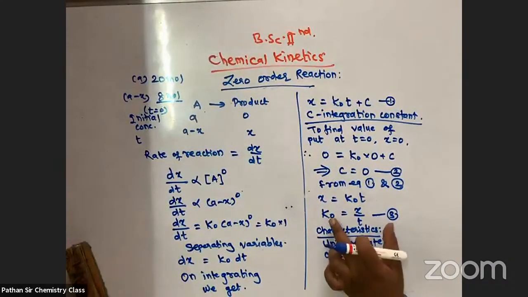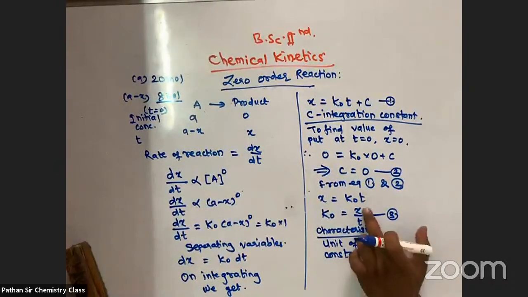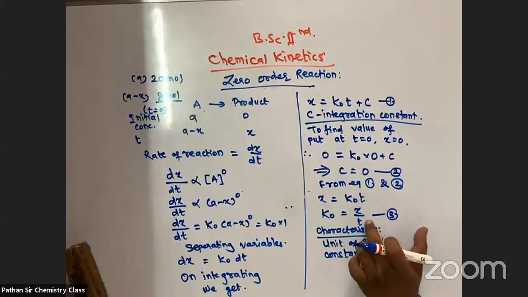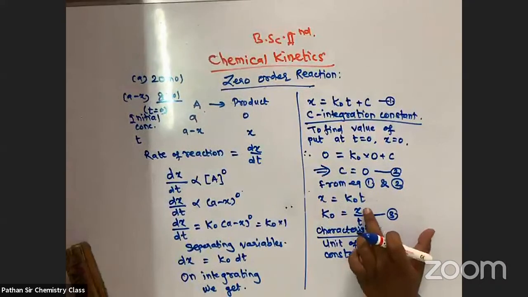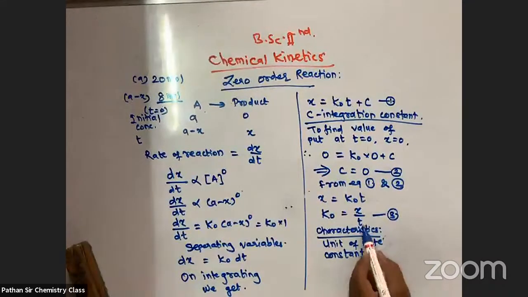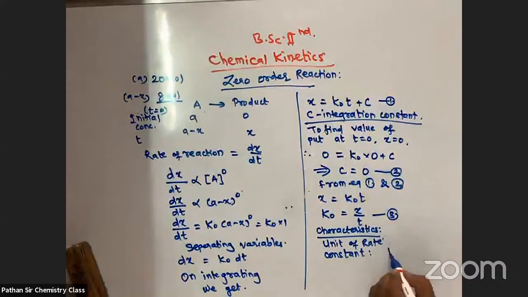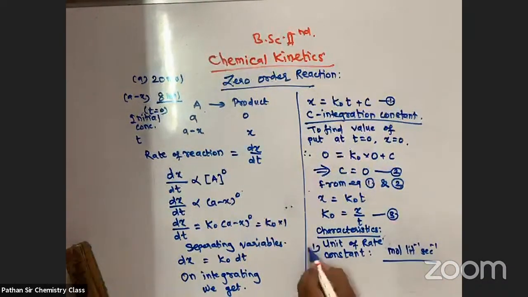Here, K0 is equal to x by t, where x is concentration divided by time. Concentration is given in moles per liter and t is in seconds. So the unit of the rate constant for a zero order reaction is moles per liter per second. So this is characteristic number 1.